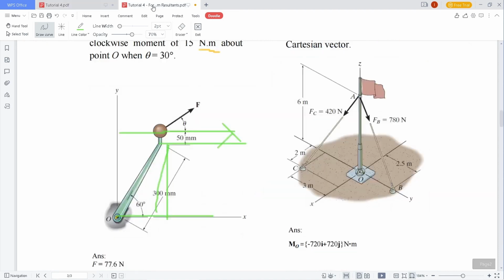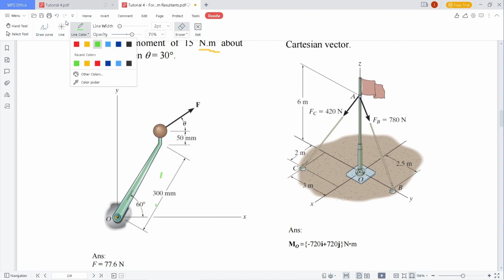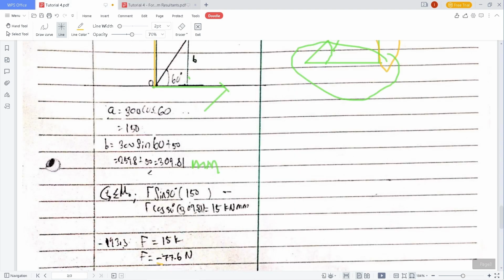Meanwhile, for the perpendicular distance for the y component, this is your y direction of force. The perpendicular distance is from here to there, from the point of analysis to this line. To get that, we need to use cosine: cos 16 degrees times 300 millimeter. So you will get 150 millimeter.